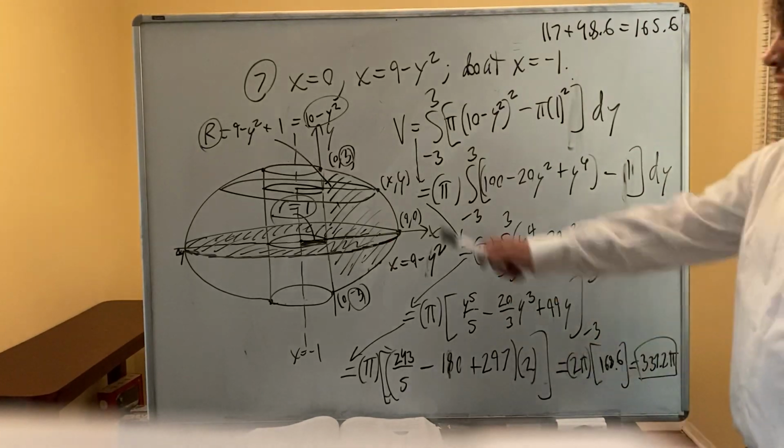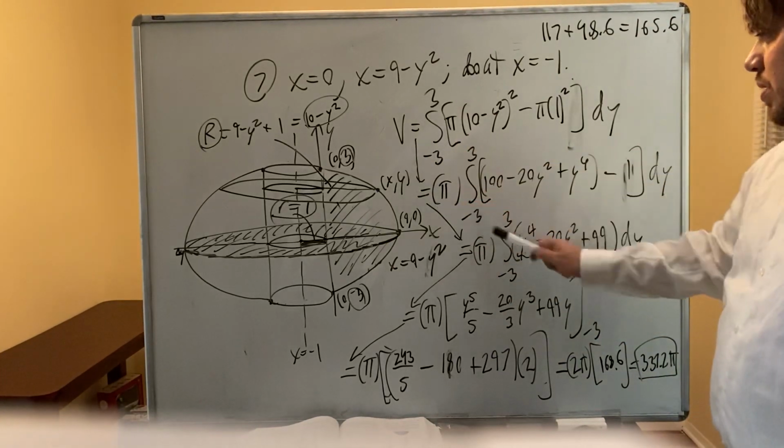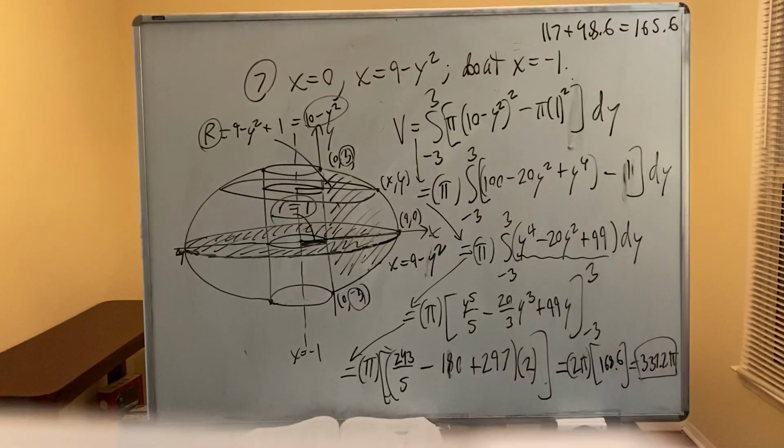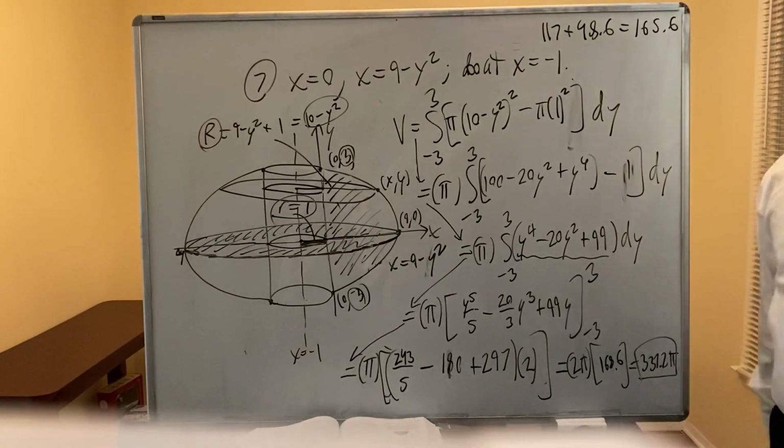Okay, so you have to follow the arrows here, running out of space. This is equal to this, which equals this, which equals this, which equals this. And this is using washers again, to find the volume. That's number 7.